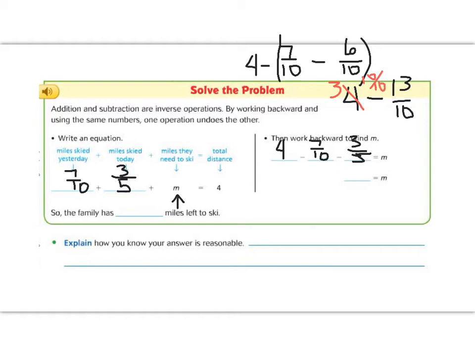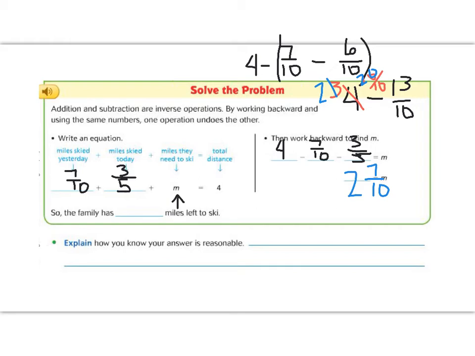And that's actually not even enough. So let's borrow again and make this into a 2 and 20/10. So 20 minus 13 is 7/10, and 2 minus, there's no whole number at the end, so 2 minus nothing is 2. So that means they have 2 7/10 left still to ski.